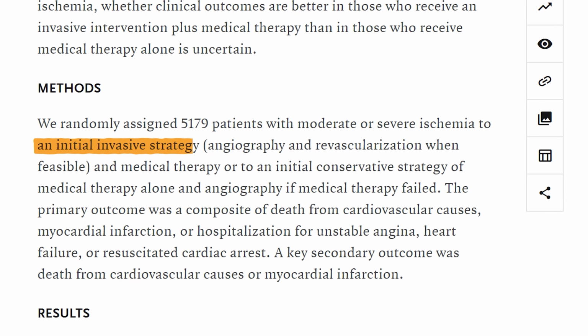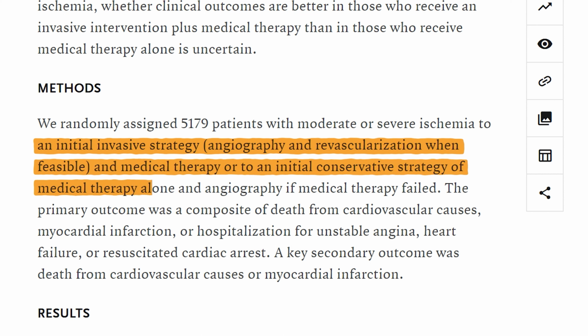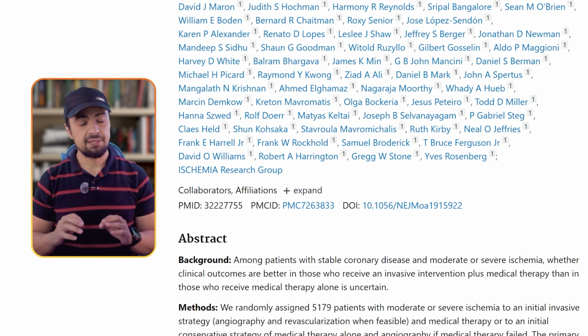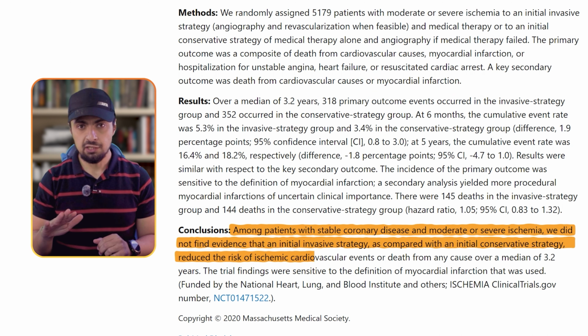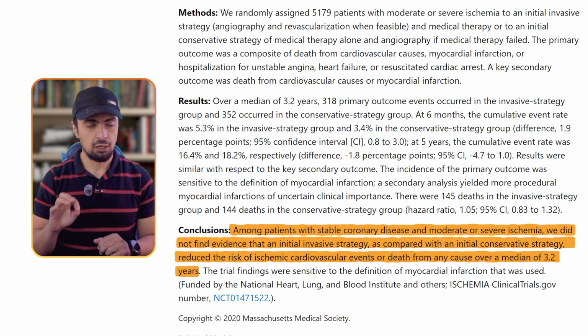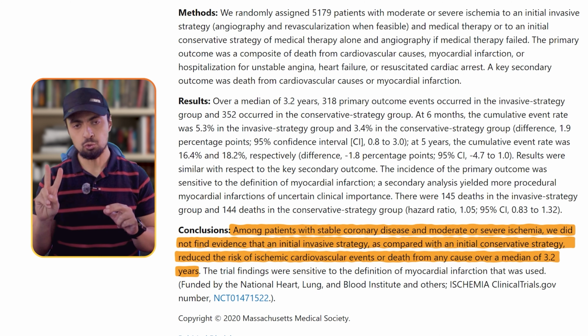They compared an initial invasive strategy, angiography and possible revascularization, versus a conservative strategy, medical therapy with angiography only if needed. Over a median follow-up of 3.2 years, there was no significant difference in death or ischemic cardiovascular events between the two groups. So even significant blockages don't automatically require intervention.